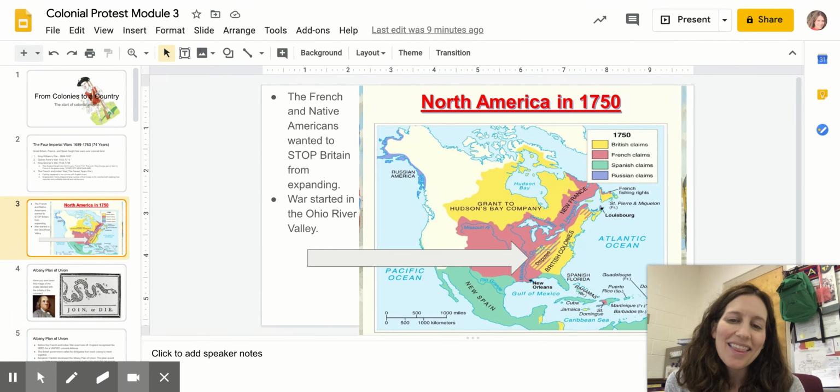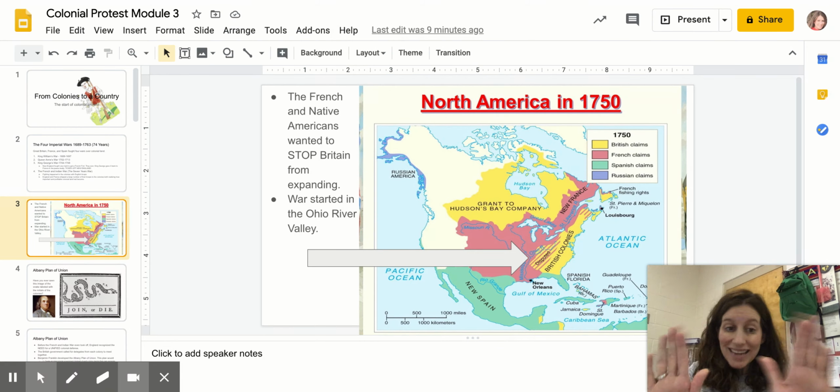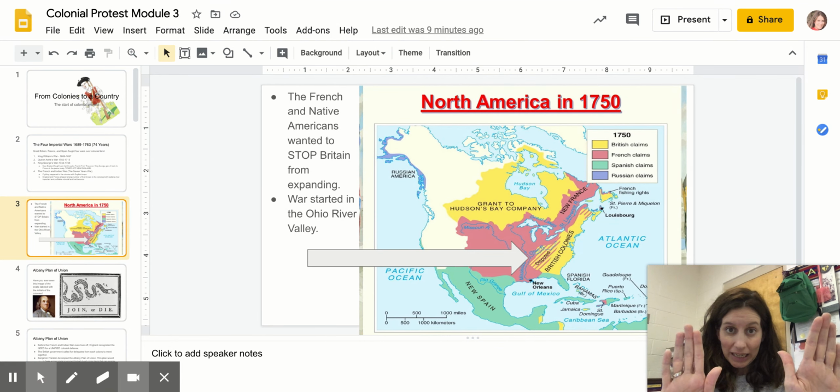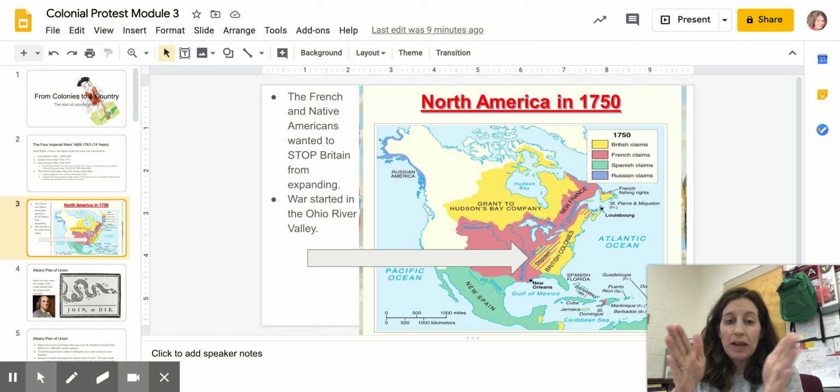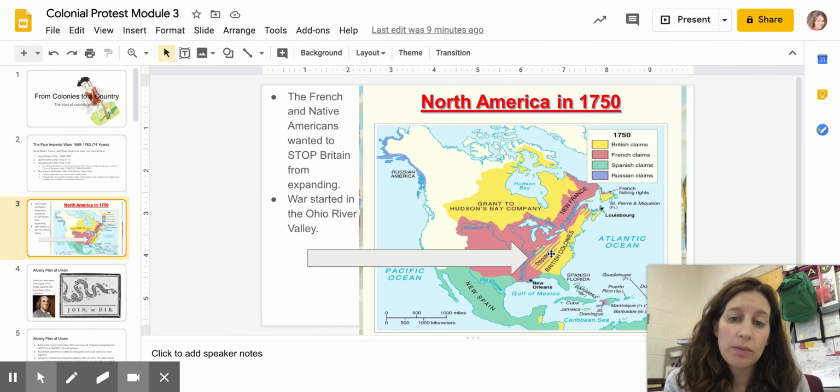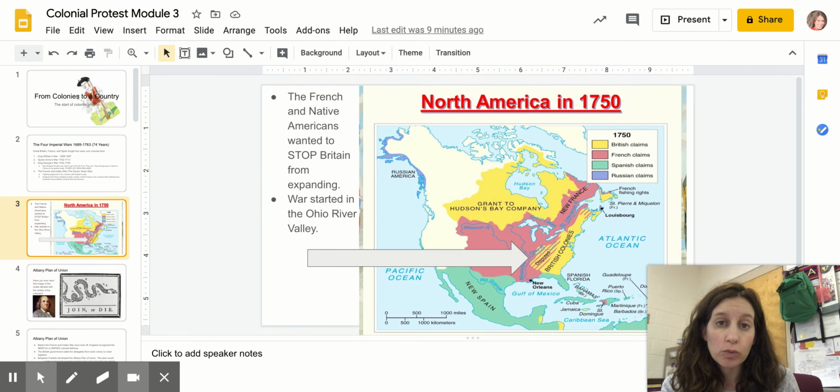The Native Americans and the French team up together to stop Britain and the American colonists from expanding any more into this striped territory. This striped territory is the Ohio River Valley. Remember that because that term is going to come up 100 times over the next 5 minutes.